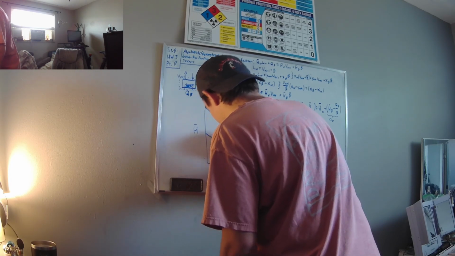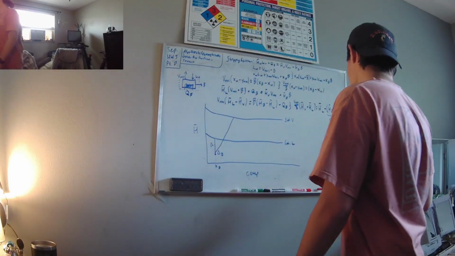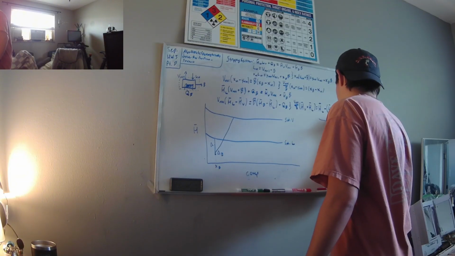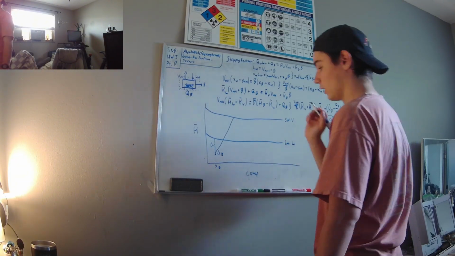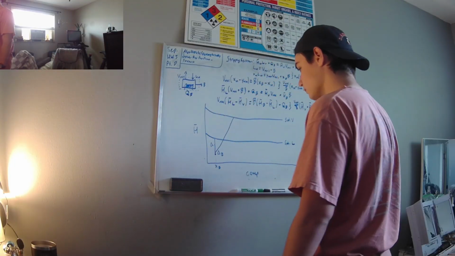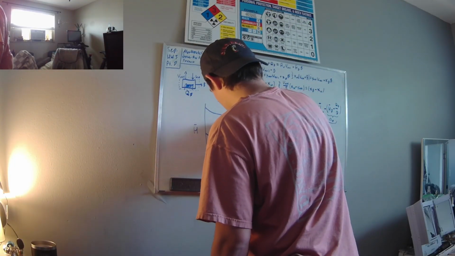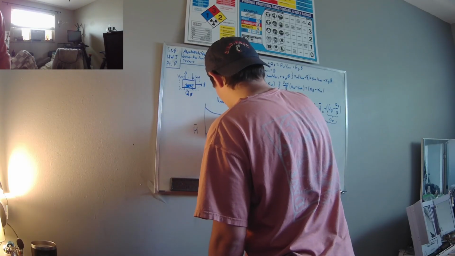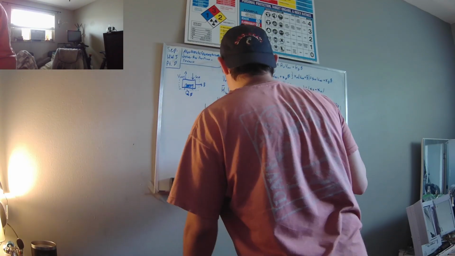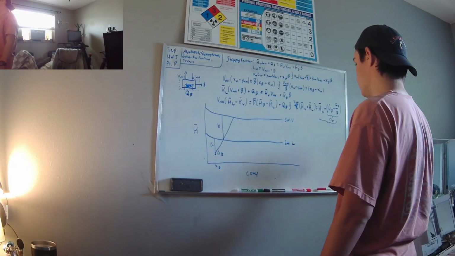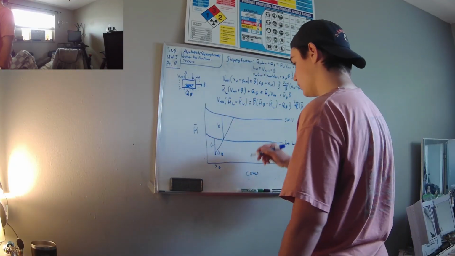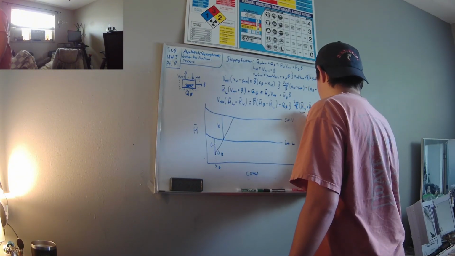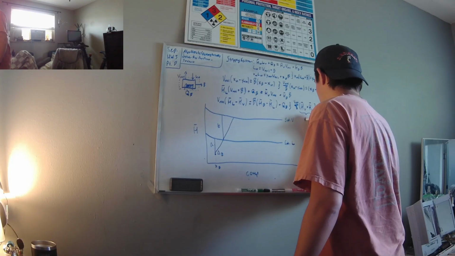We can call this A. And that A expression is going to be this right here, going from our bottoms to our liquid enthalpy. And then similar to before, we can define this line here as our B, which is going to be going from our liquid to our vapor enthalpy, which is this value right here.